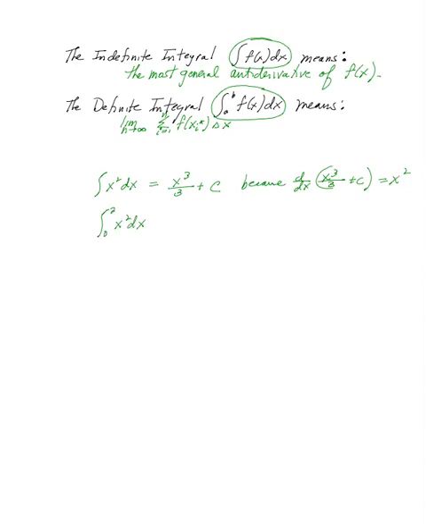You can make x sub i star be left-hand endpoints, right-hand endpoints, midpoints, forming a sum of the areas of the n rectangles, and then taking the limit as n approaches infinity of that sum. That's what we mean by a definite integral. It's the limit of a sum.